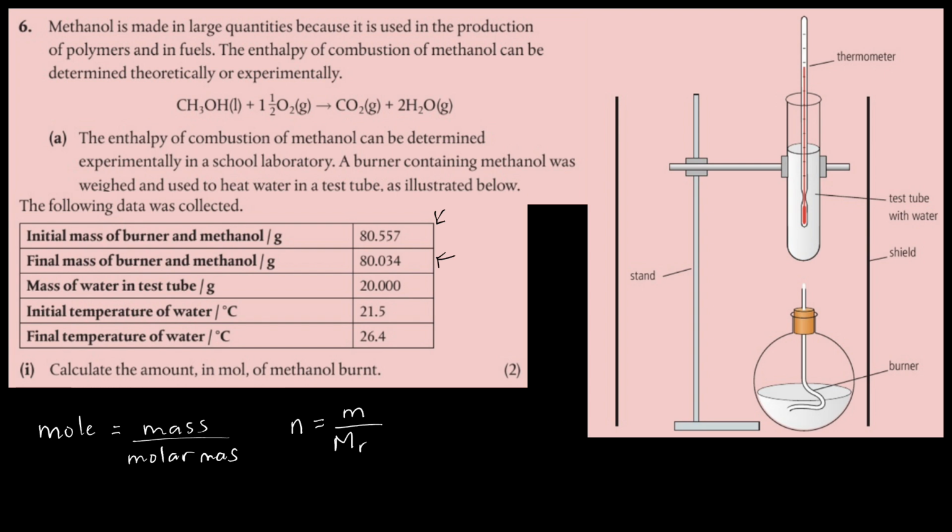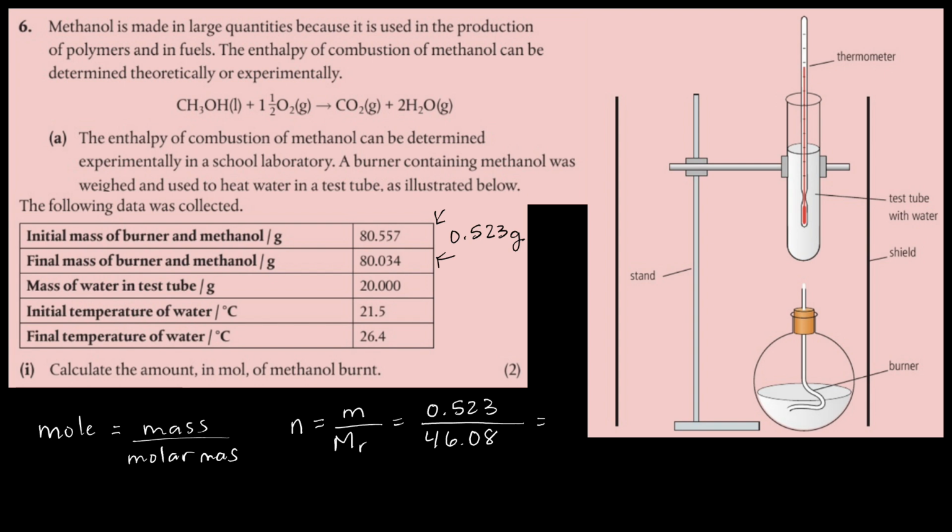So if we take 80.557 and subtract 80.034, that's going to give us a mass of 0.523 grams. And then our molar mass of methanol is 46.08 grams per mole.